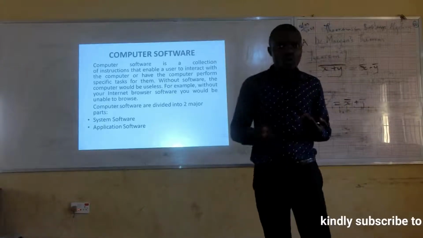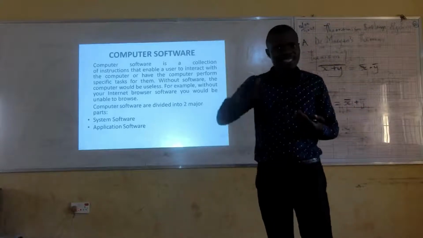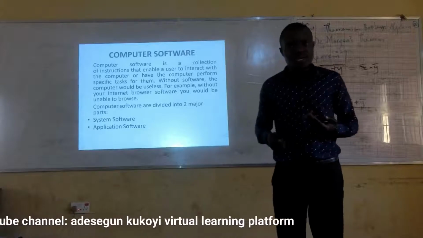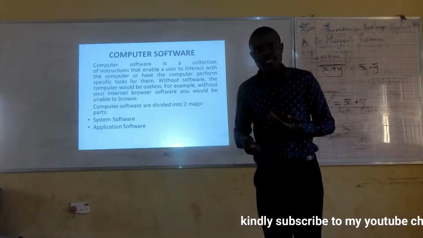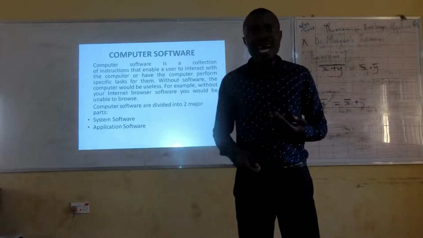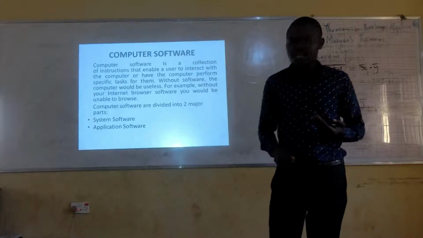There are two major types of software. We have the system software and we have the application software. System software is a software that allows the computer itself to work without putting into consideration what the user needs to do with the computer.